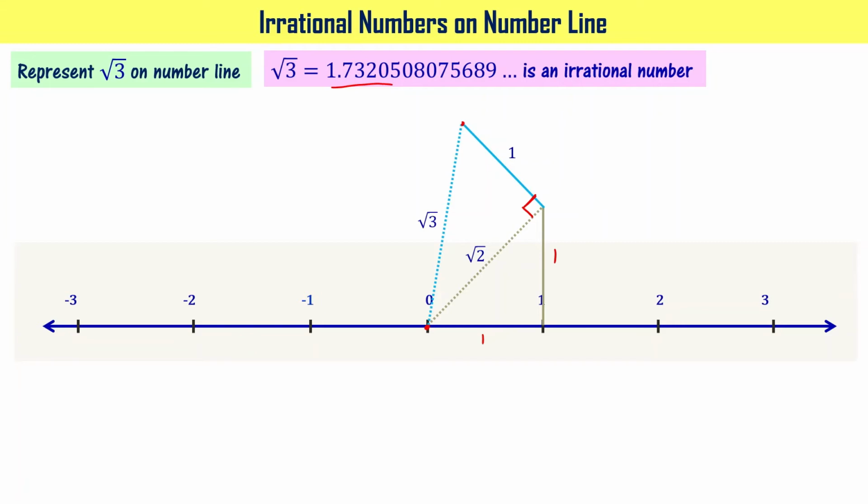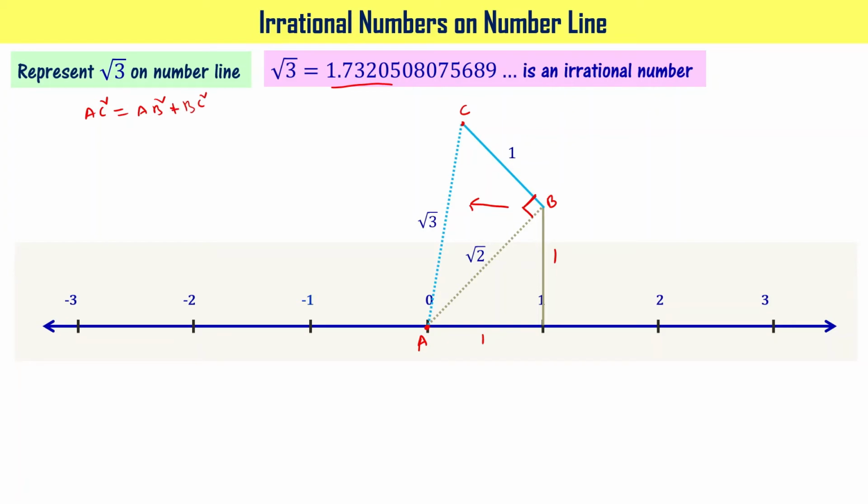This can be obtained again with the help of Pythagoras theorem. Let me mark the point at 0 as A, this particular point as B and this particular point as C. Since angle B is 90 degrees, AC is the hypotenuse, right? It means, as per Pythagoras theorem, AC square equals AB square plus BC square, right?